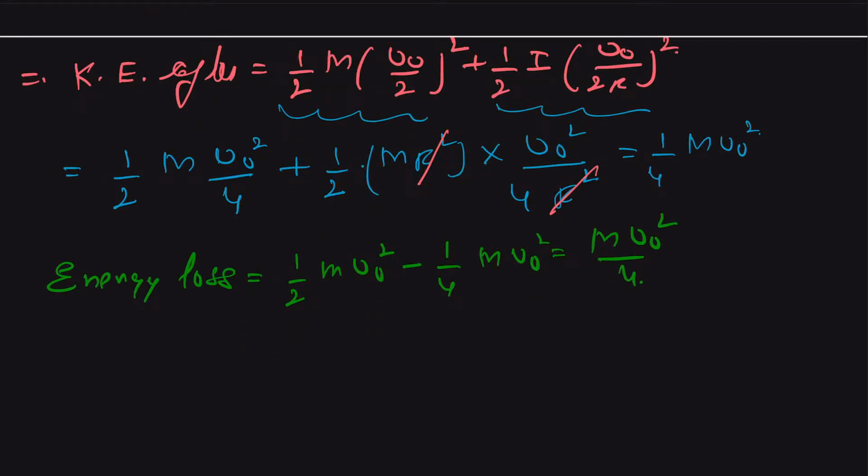And we come to our next part, that is motion when x is less than L. So we have motion in x less than L, and so there is rolling without slipping.